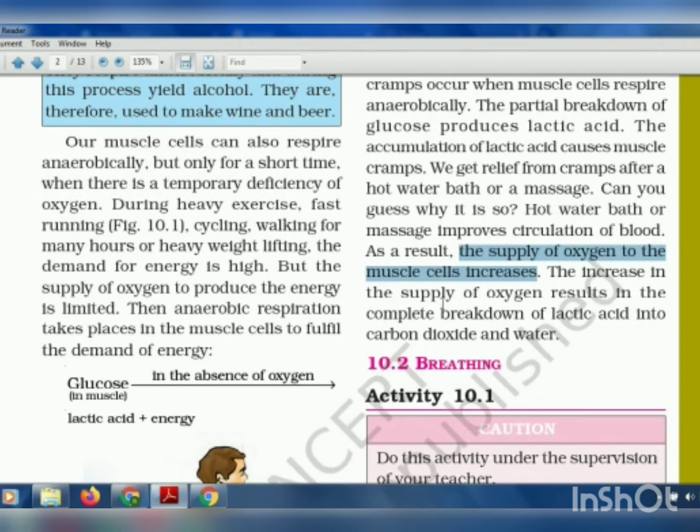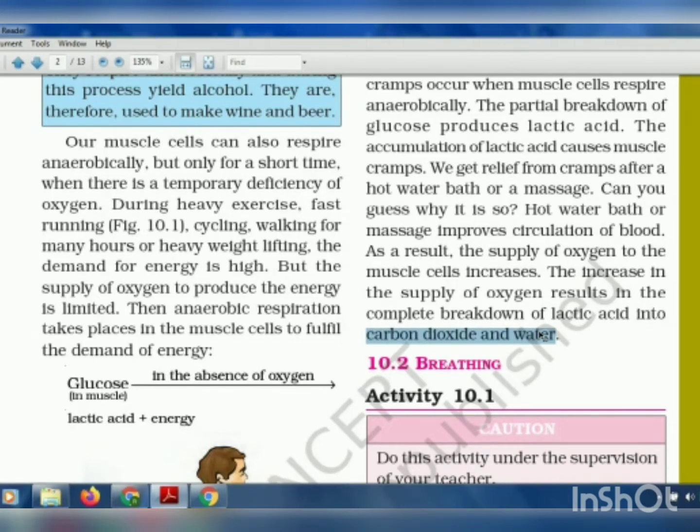The increase in the supply of oxygen results in the breakdown of lactic acid into carbon dioxide and water. And as all the lactic acid in your muscles gets converted to carbon dioxide and water, the pain in the muscle slowly decreases, and at a point the muscles become normal and there is no pain.